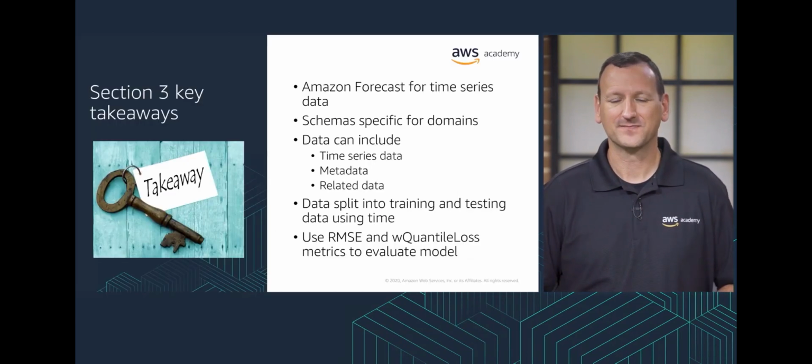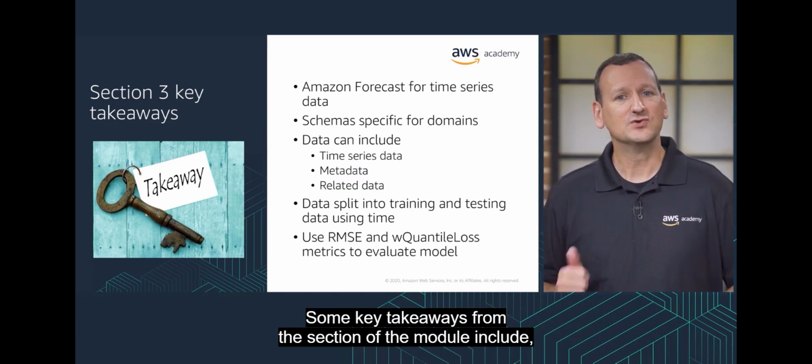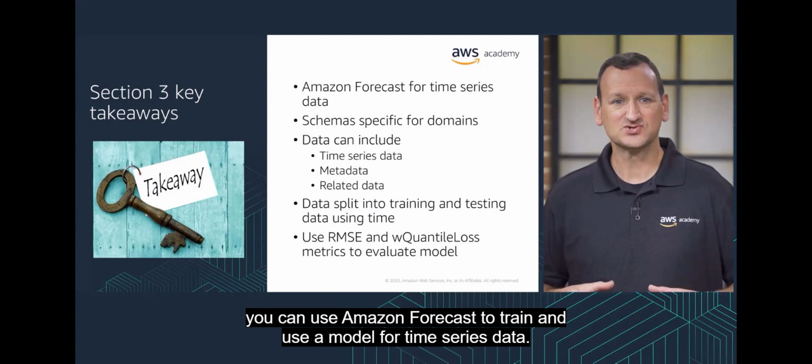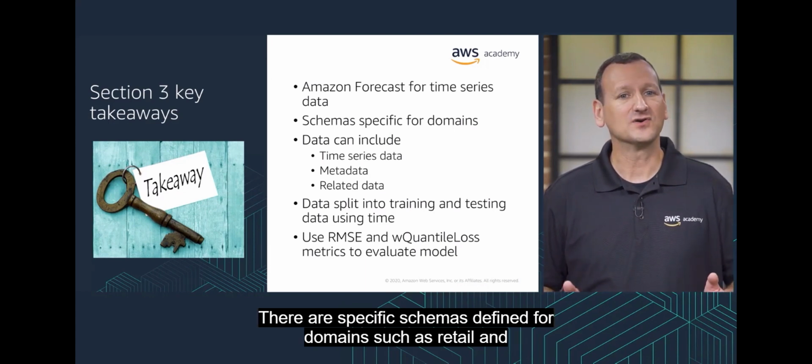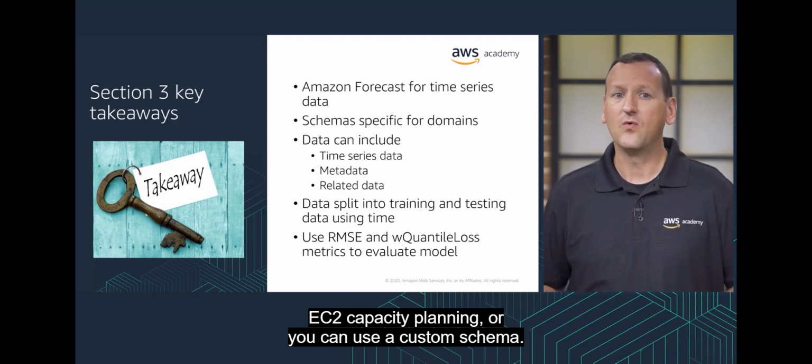inventory. Some key takeaways from this section of the module include: You can use Amazon Forecast to train and use a model for time series data. There are specific schemas defined for domains such as retail and EC2 capacity planning, or you can use a custom schema.